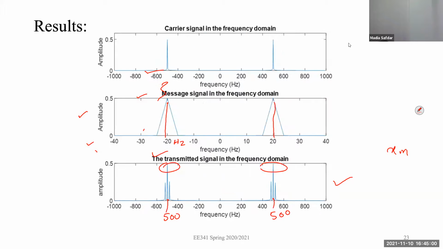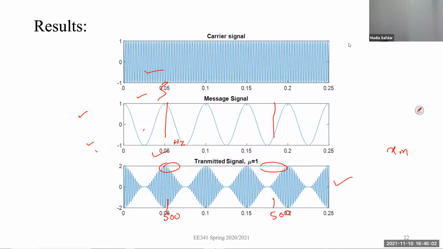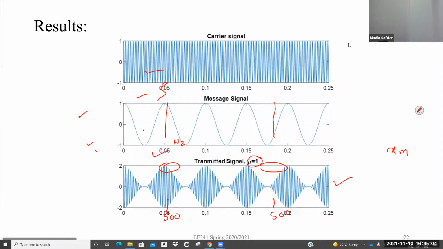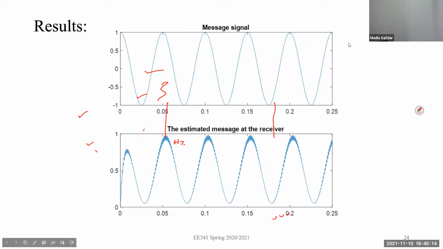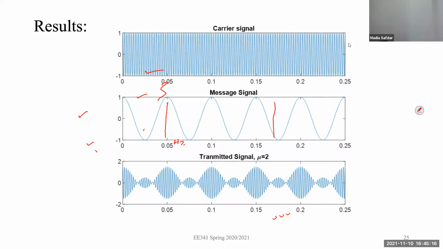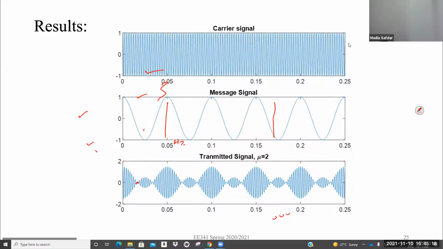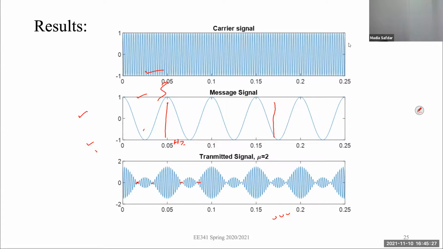Here the modulation index mu was equal to 1, so you got this modulated signal. When mu is equal to 2, this much information is lost, because this is greater than 1. That is over modulation.